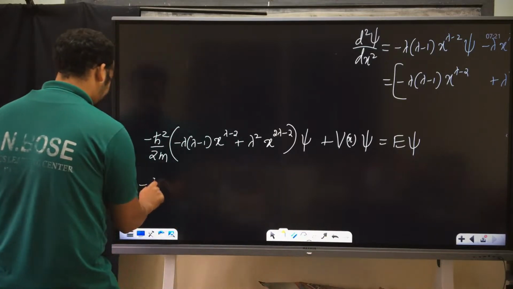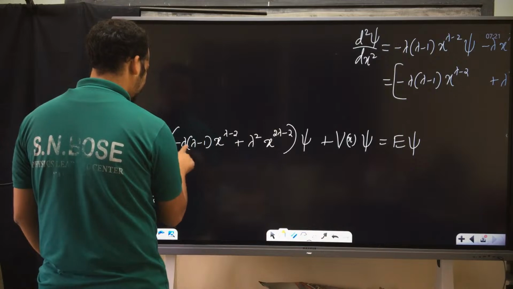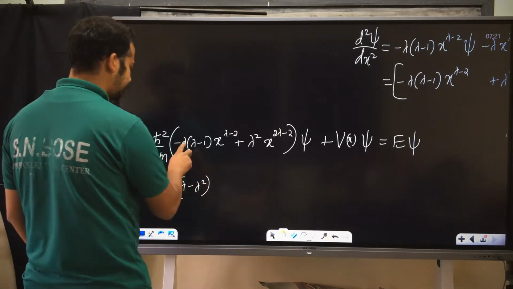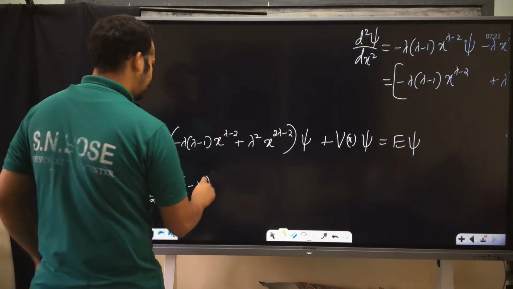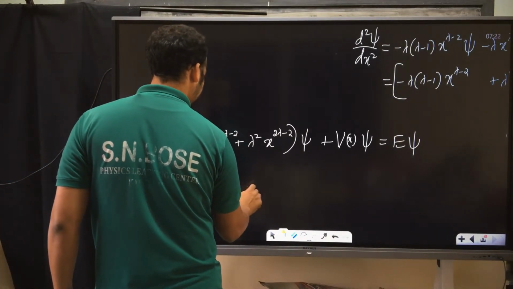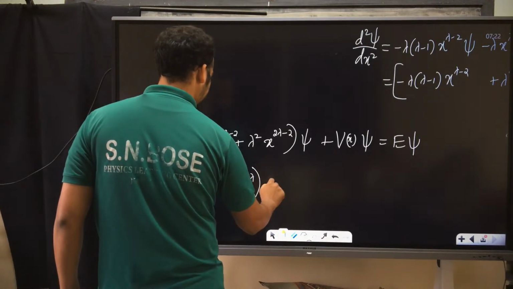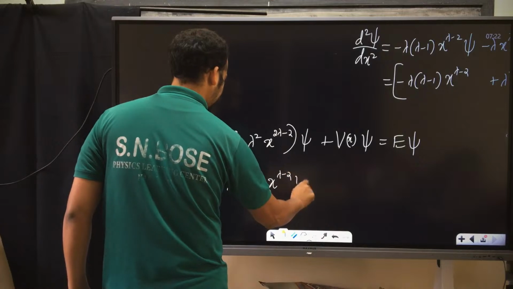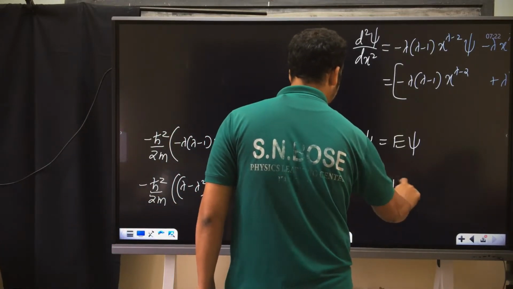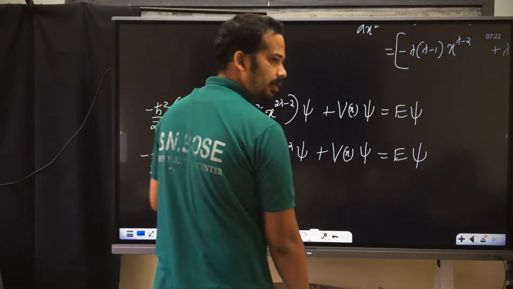So minus h bar square by 2m. Okay, so what can this one be written as? 1 lambda minus lambda square plus lambda square x power lambda, x power lambda minus 2 psi, plus v of x psi is equal to e into psi.